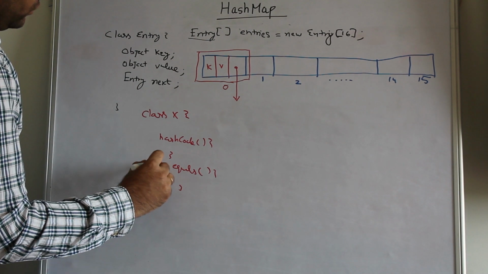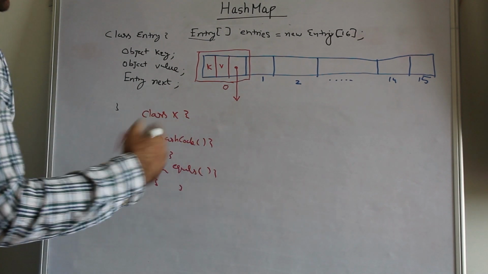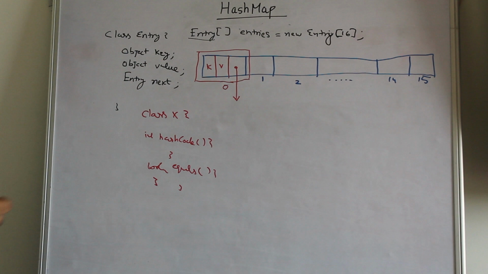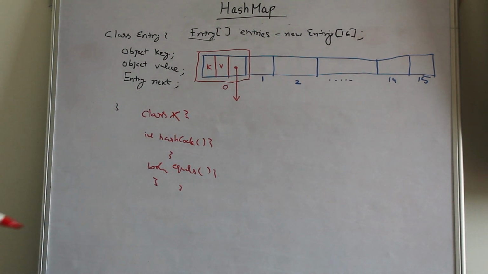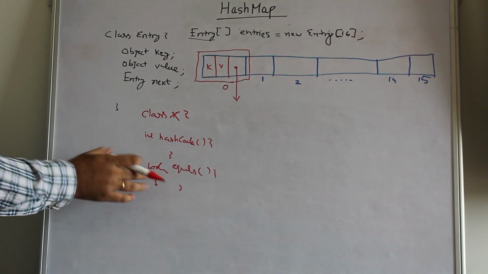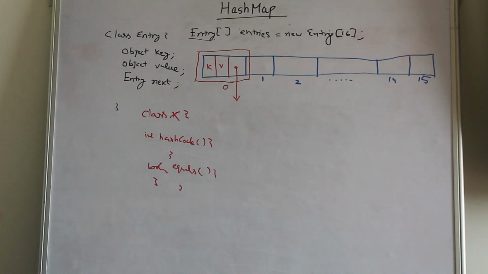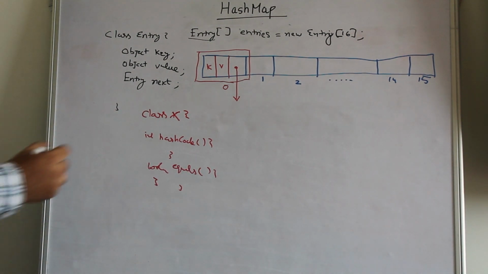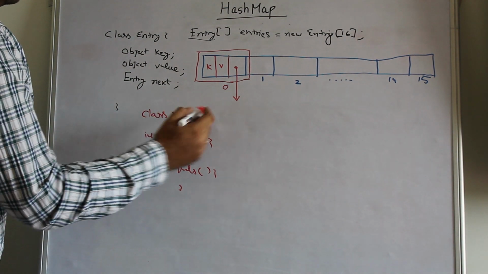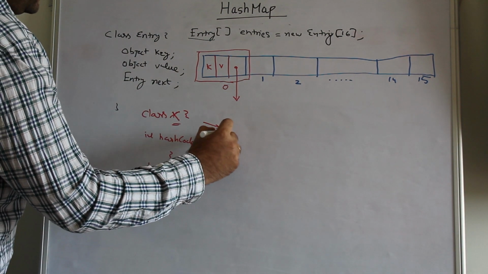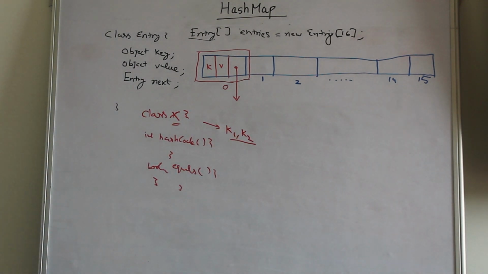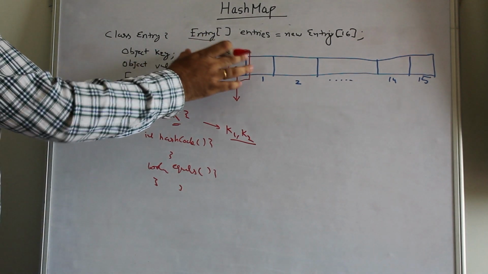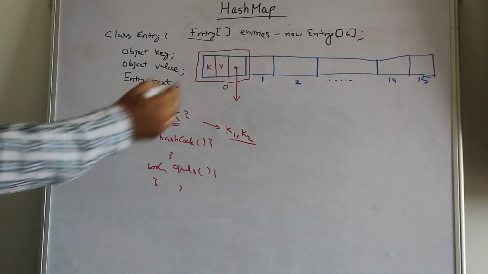Equals returns a boolean, and hashCode returns an int. Now we will use objects of this class X as keys in the hash map. For example, I have created two objects of this class, say k1 and k2. This class I have already created, and now by using the map object, I am putting data in this map.